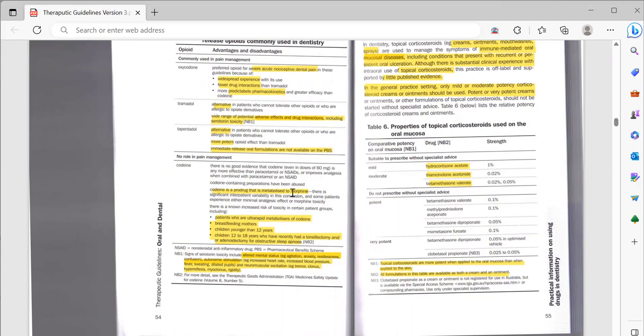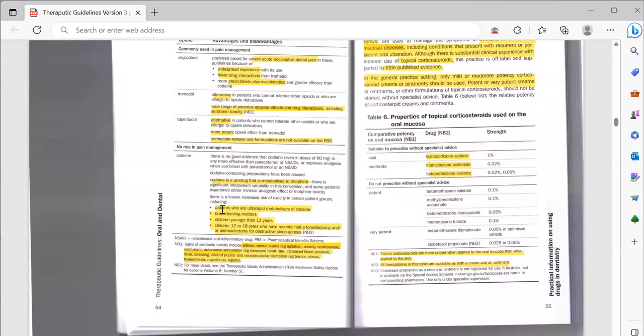There is significant interpatient variability as well, and there is increased risk of toxicity in certain groups. Those patients are ultra rapid metabolizers, breastfeeding mothers, children younger than 12 years, and children 12 to 18 years who have recently had a tonsillectomy or adenoidectomy for obstructive sleep apnea.